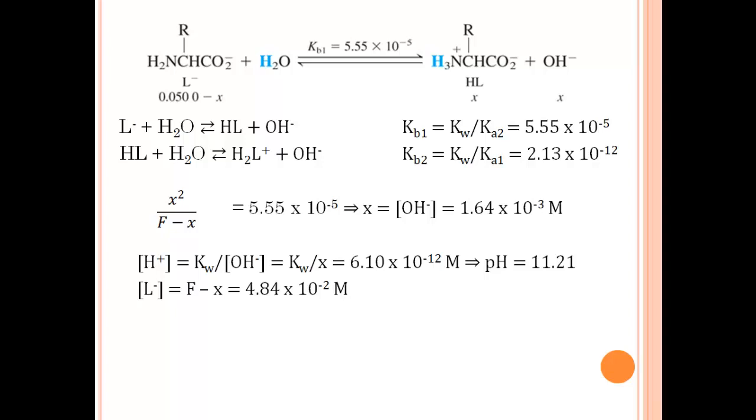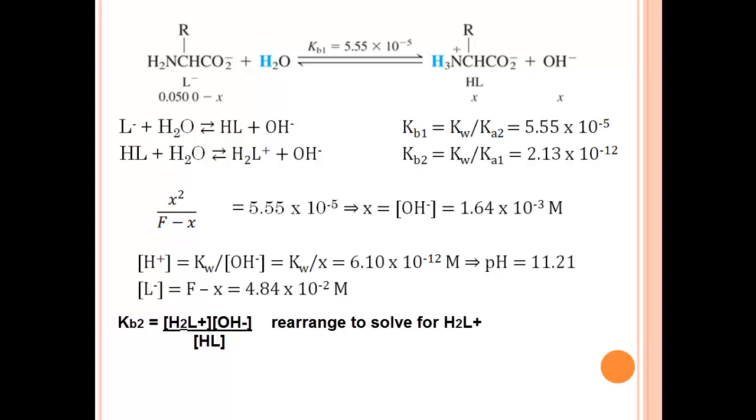Now to find the concentration of L minus, all I do is F minus x, which is 4.84 times 10 to the negative second. And if I wanted to find the concentration of H2L+ in this basic form solution, all I have to do is find it from the Kb2 equilibrium. My Kb2 expression would be H2L+ times OH minus divided by HL, equal to my Kb2.